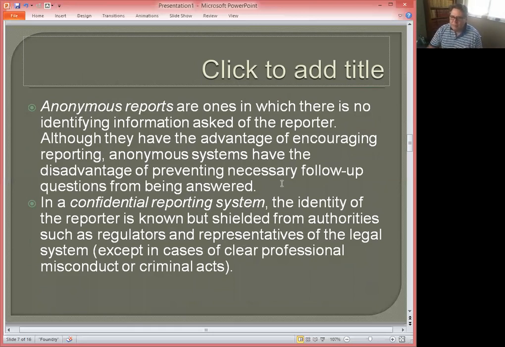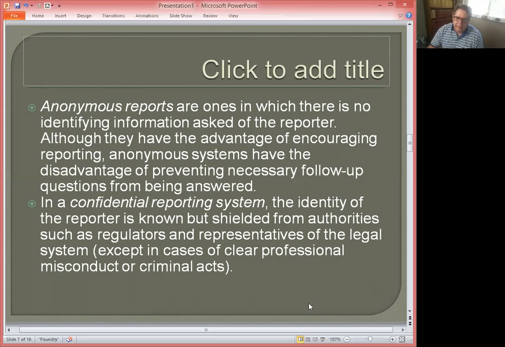Most systems, when we're talking about data reporting to major databases like the Joint Commission or AHRQ or CMS, are done on an anonymous basis, and the reason is this data is collected to create, in the future, practice guidelines, core measure sets, things along that line of inquiry.